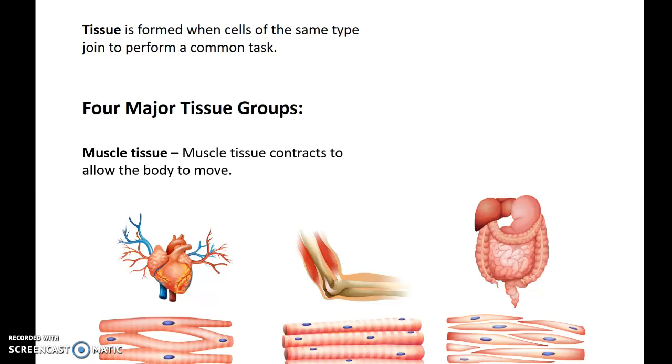Where are these muscles found? Obviously, we just defined that right there for us, okay. We've got them in the heart, our blood vessels, arteries and veins. We have them attached to our bones, which enable us to move. And then we find our smooth muscle in our organs, such as of our digestive system. Okay.